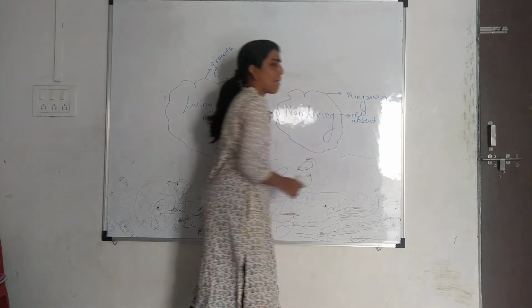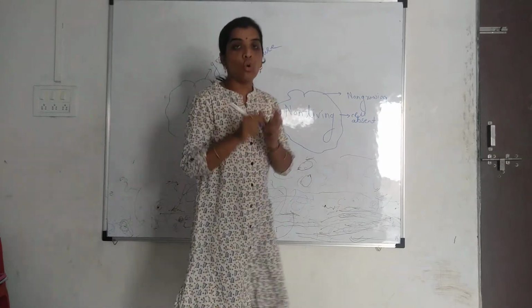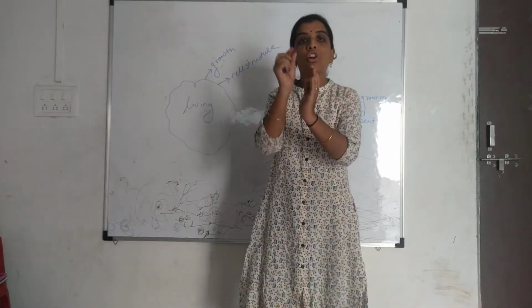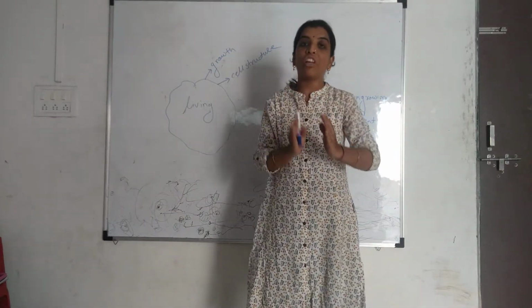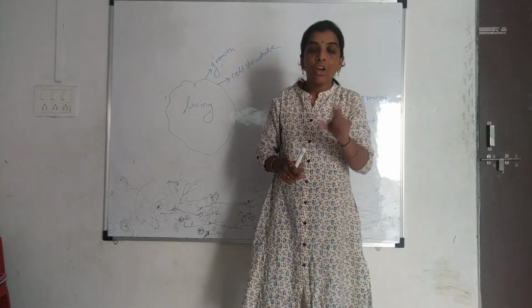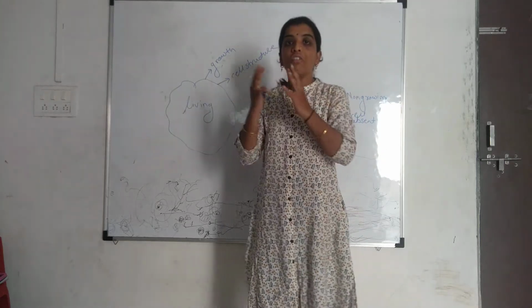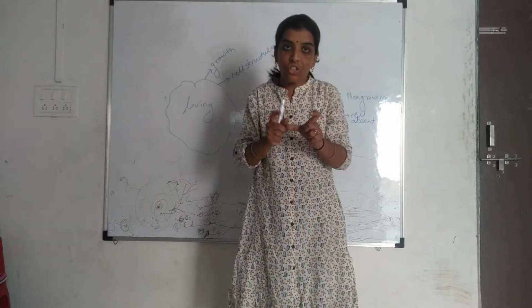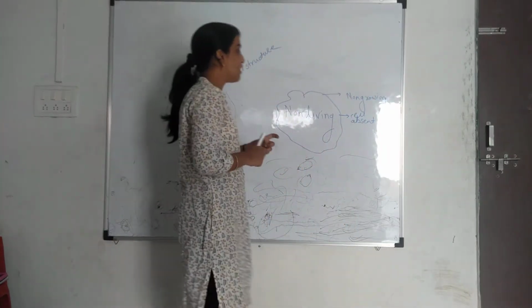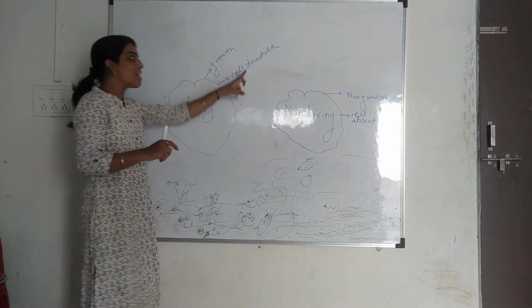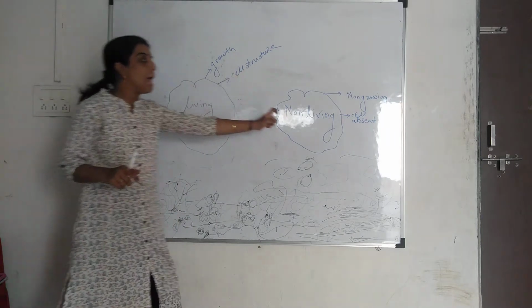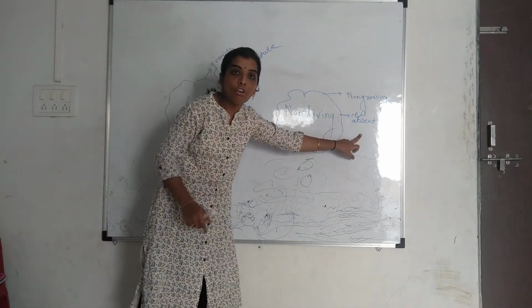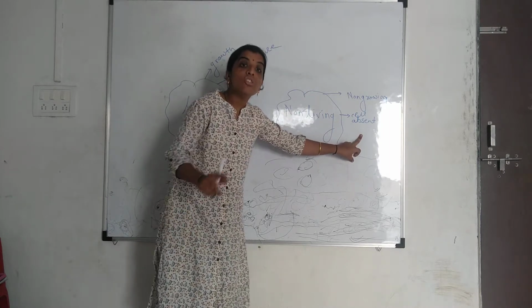A very easy example: stone and sand do not have a specific structure. But plants, dogs and animals have their own specific structure. So this is the second difference.